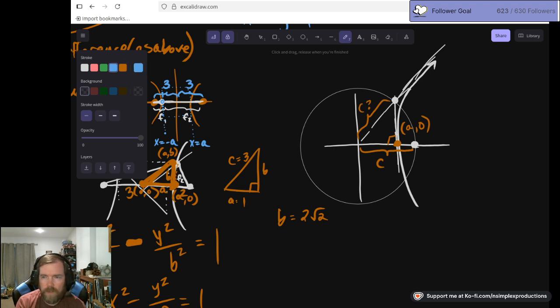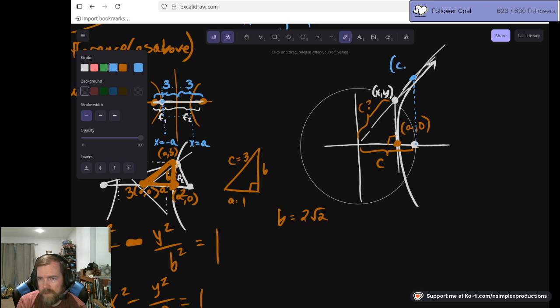I kind of want to make this and go with similar triangles, as ridiculous as that might be. This point is x comma y.